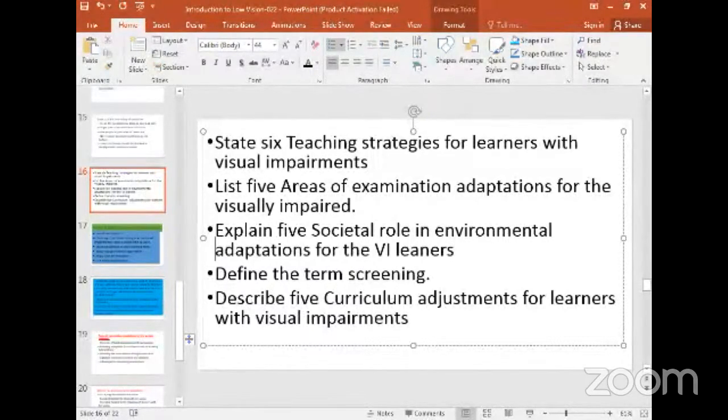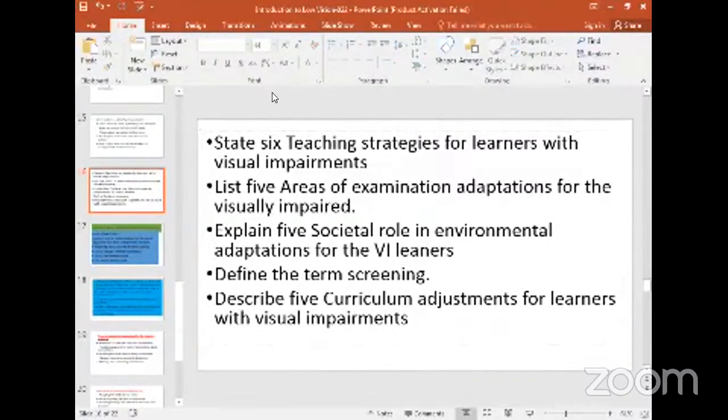So maybe you can say the society may provide financial resources and even labor during the adaptation of the environment, that is, making the environment friendly to accommodate the visually impaired learners. What is your take, the rest on that? Explain 5 societal roles in the environmental adaptations for the visually impaired learners.